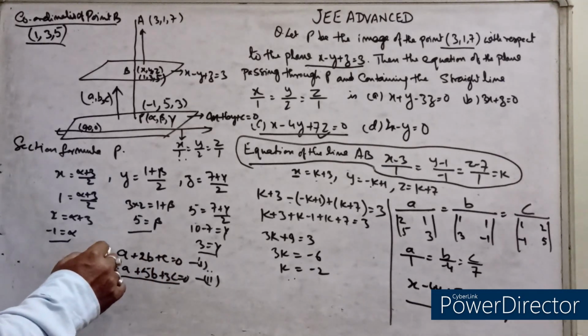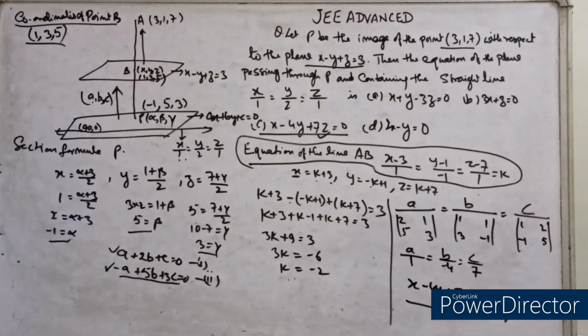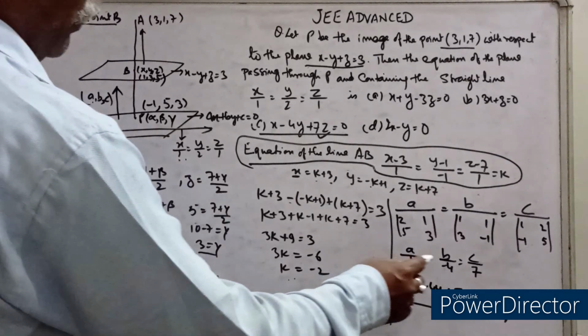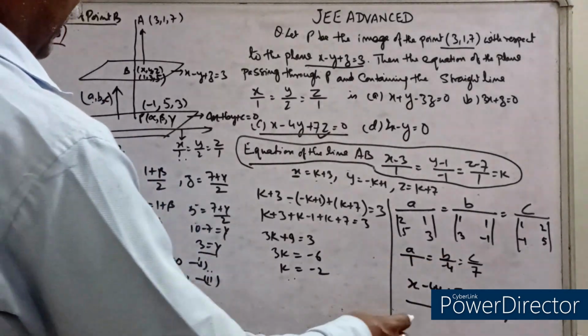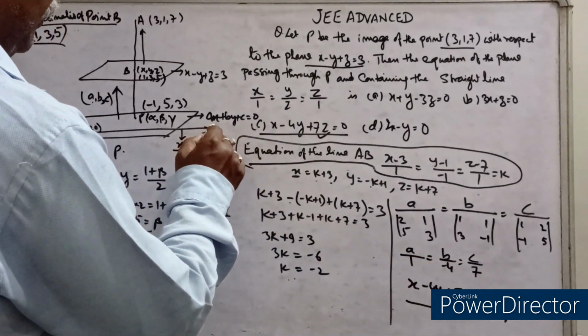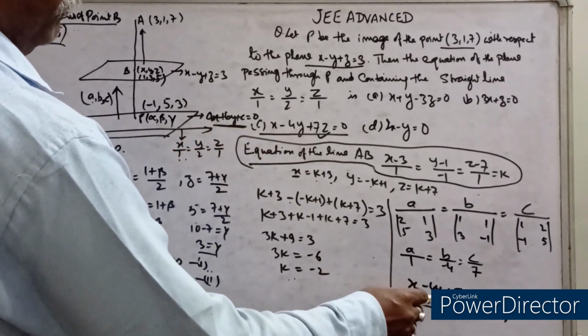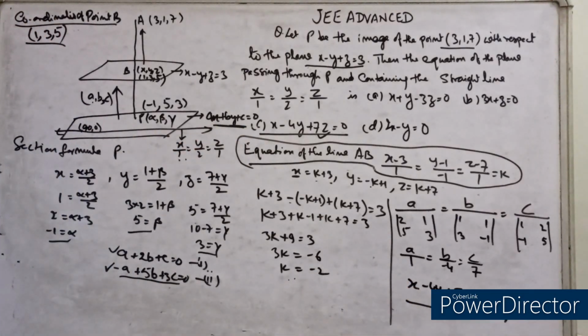Taking the help of this, I solved these two equations. When I solved these two equations, I got the values of a, b and c, and when I put the values of a, b and c in the equation, I got the equation of the plane. So this is all about how to solve this question.